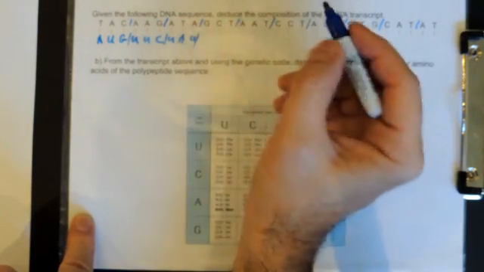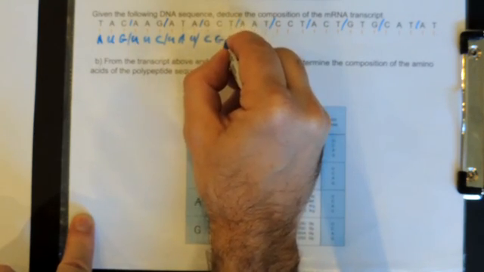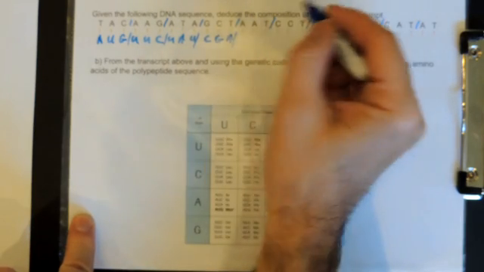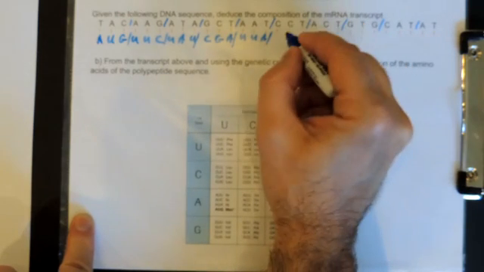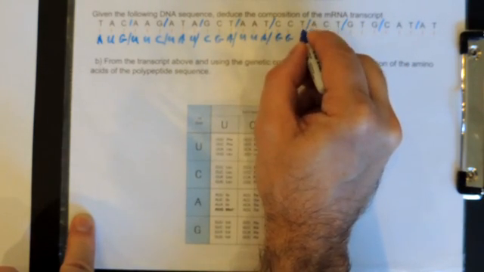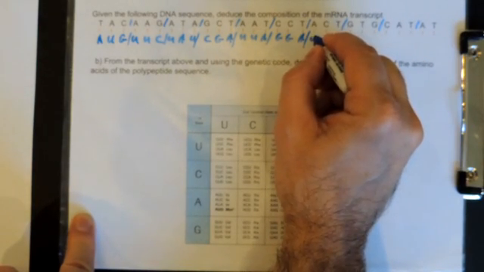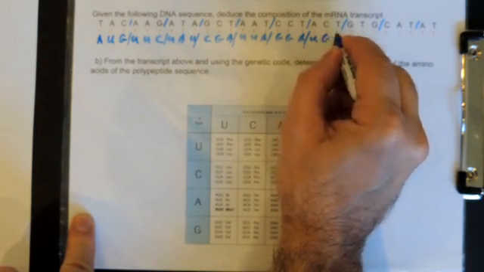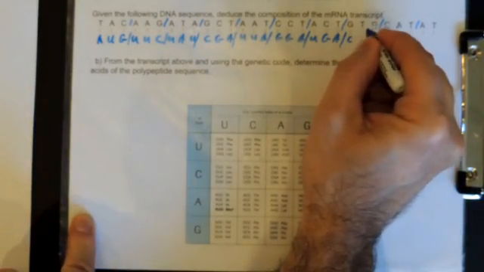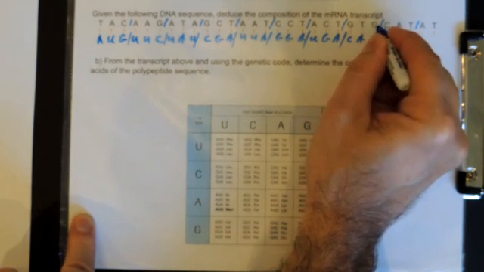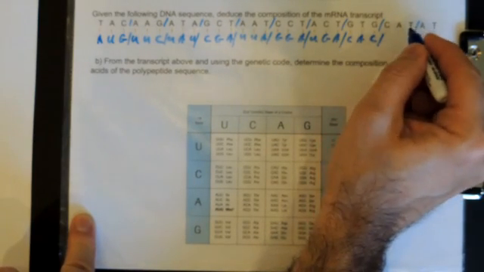There we go. Then we have a C and a G and an A, U, a U and an A, G, G and an A. We have a U, a G, and an A. We have a C and an A and another C. Cat, how fun.